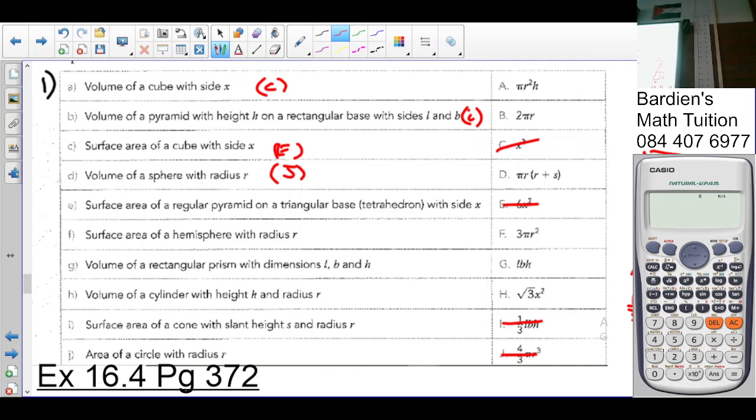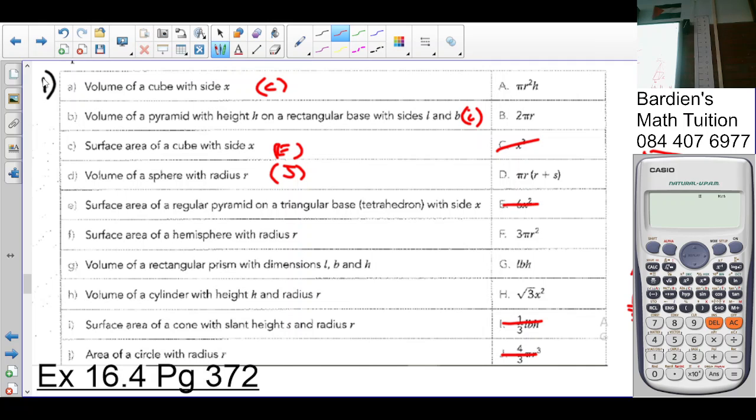The surface area of a regular pyramid on a triangular base, a tetrahedron, with sides x. It's basically made up of equal triangles only.